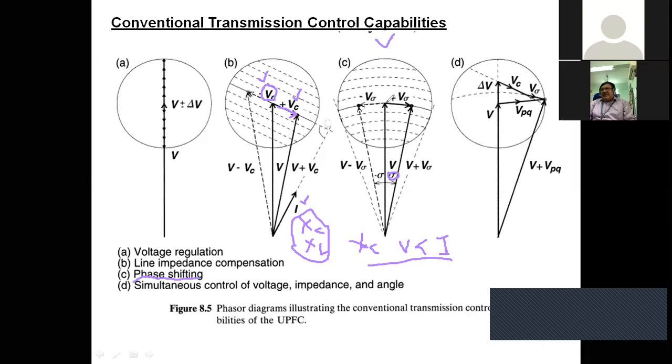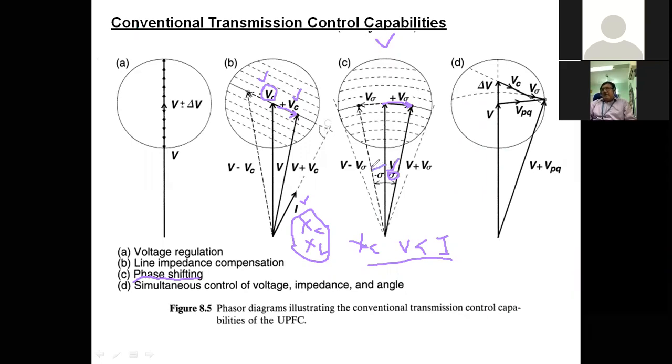You can see that this is the tip of the actual sending voltage, that is V. Once you inject VPQ in this way, this phase shift is induced, moving closer to the receiving end. Or if you inject voltage in such a way that it is opposite, then the phase shift increases and then power flow increases.